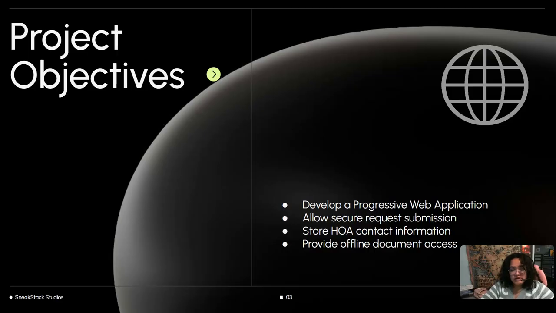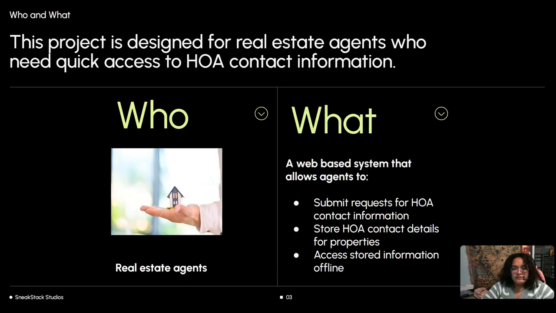The project objectives are to build the progressive web application, have secured access and store HOA contact information, and provide offline access to documents. Who is this project for?